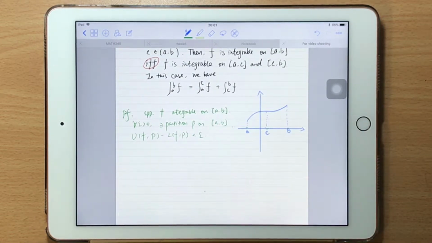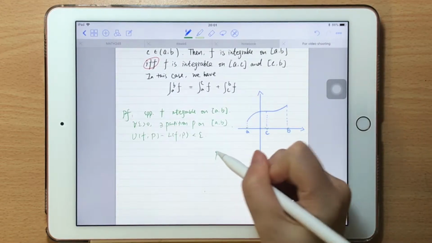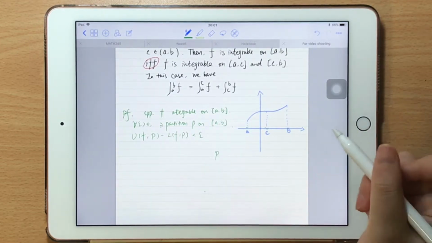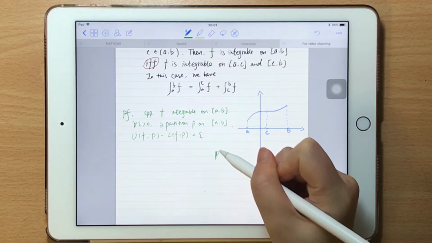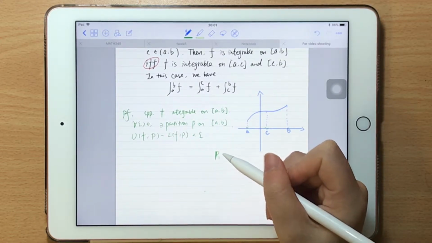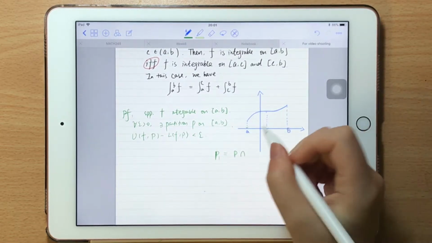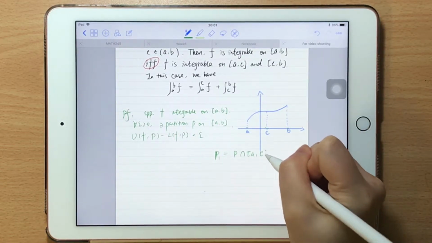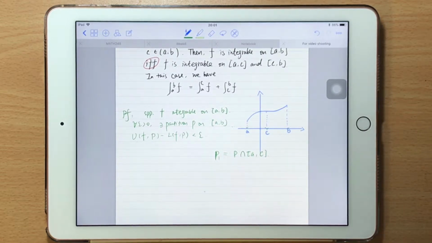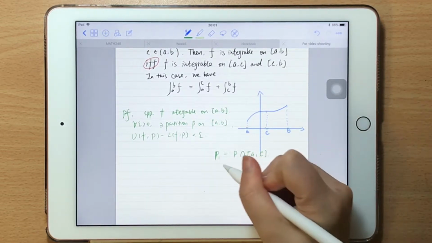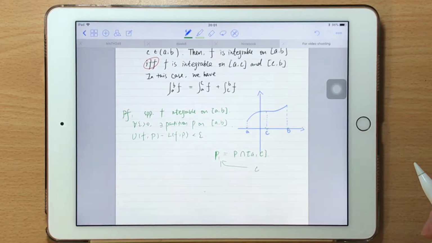One thing we should come up with is that we can take the partition on [a,c], call it P1, as the intersection of P and [a,c]. But you have to make sure that the point c is also included in this partition P1, because this is how we define a partition.